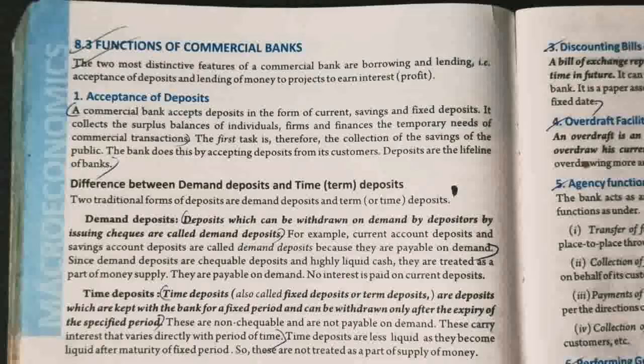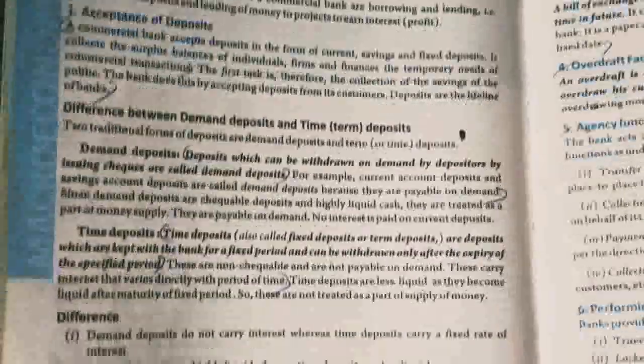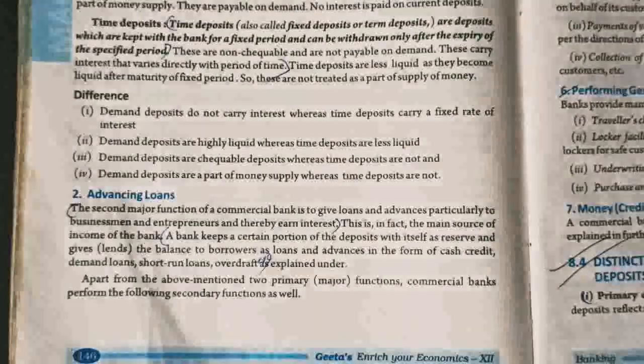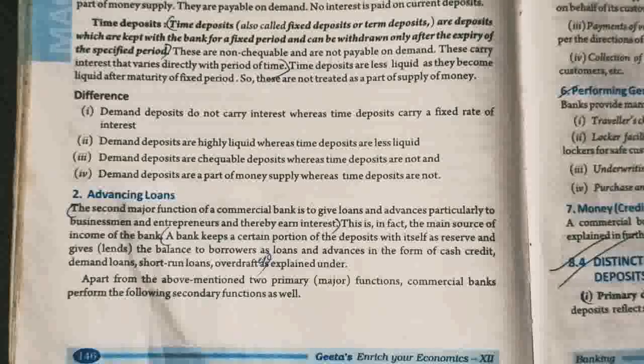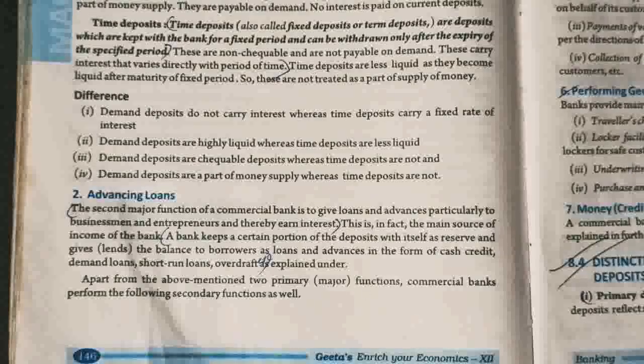Point number two is advancing loans. Advancing loans is also a part of the primary functions of commercial banks. It simply means giving loans to others. The commercial bank gives loans particularly to businessmen and entrepreneurs, and thereby earns a rate of interest.